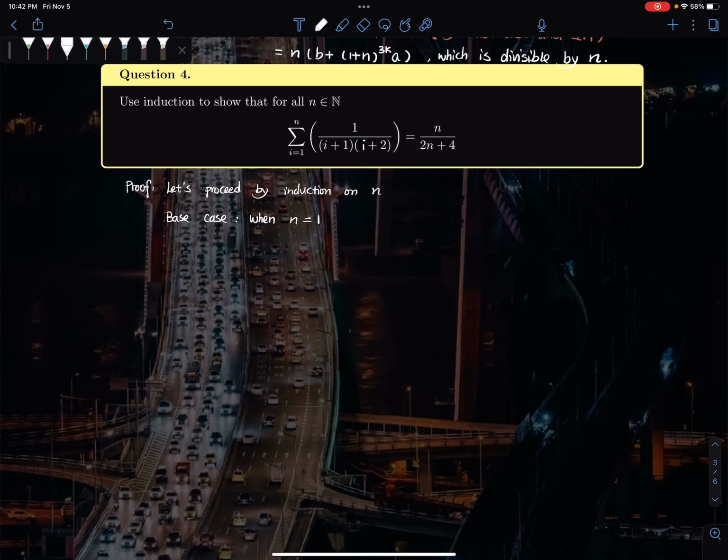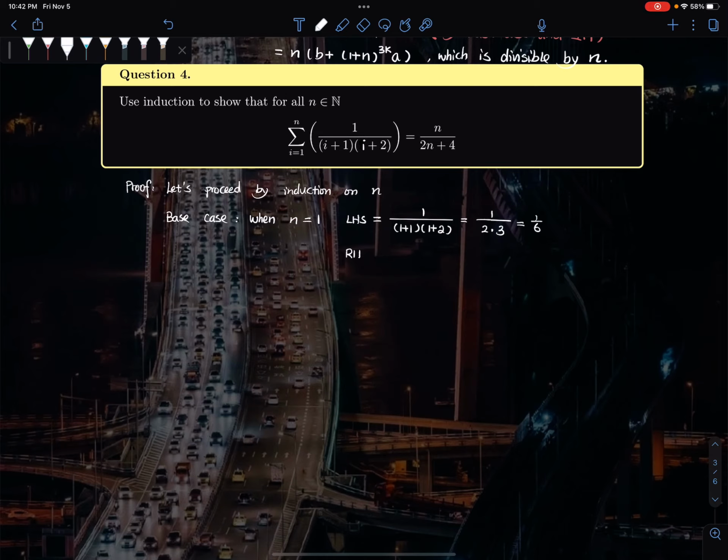What's on my left hand side? Well, if n is 1, it's from 1 to 1, so you only have one term, 1 equals 1, so that's gonna be 1 plus 1 times 1 plus 2, and top is 1, so that's gonna be 1 over 2 times 3, that's 1 over 6.